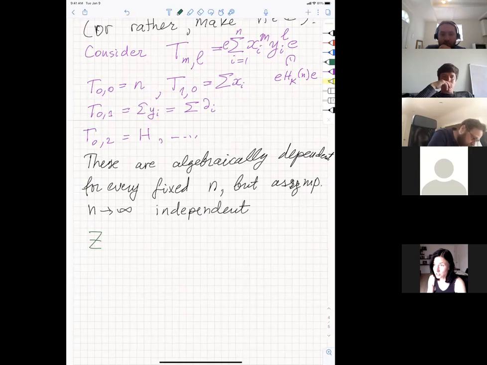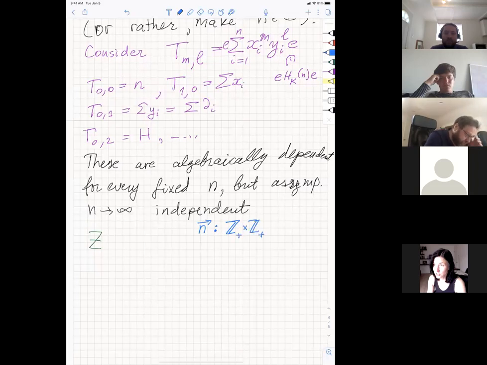Suppose we have a function n from Z plus cross Z plus minus the origin, so it's basically all the points like this, and the function is with values in non-negative integers.